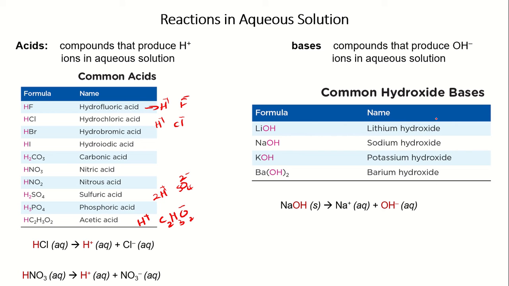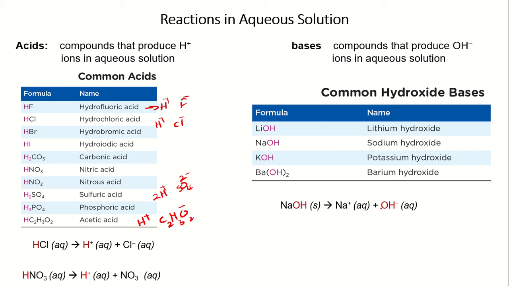So hydroxides are in general bases, while these acids start with hydrogen in the beginning. So acids give H pluses and bases generally give OH minus. So this is one way we identify acids or bases, based on whether they are giving H plus or OH minus. Acids break down to give H plus, and these bases break down to give OH minus.